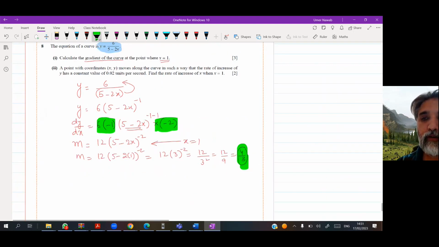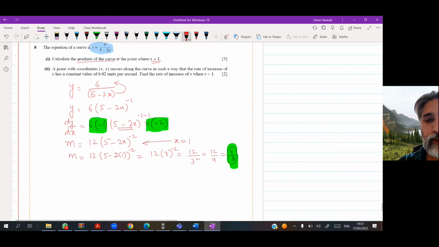Next question, rate of change. The examiner says that the rate of y, that is dy over dt, is given to you as 0.02 units per second, and is asking you for the rate of x, that is dx over dt.